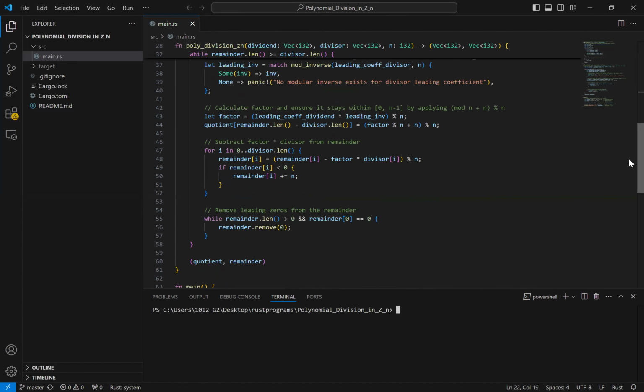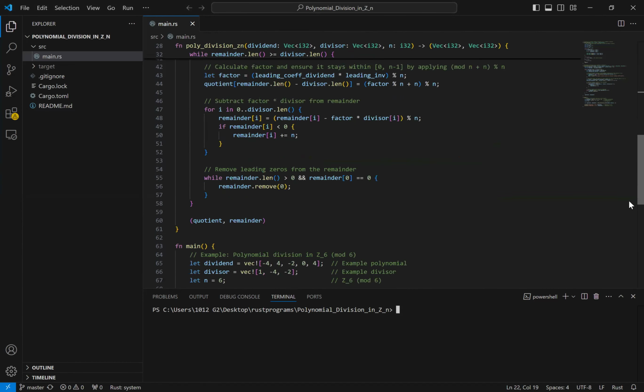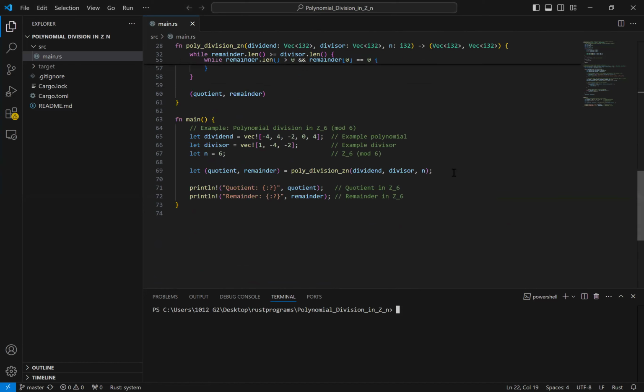I forgot to include the polynomial so that you see how it's entered. I should have included it somewhere here. I should have said that this is negative. It was this polynomial.